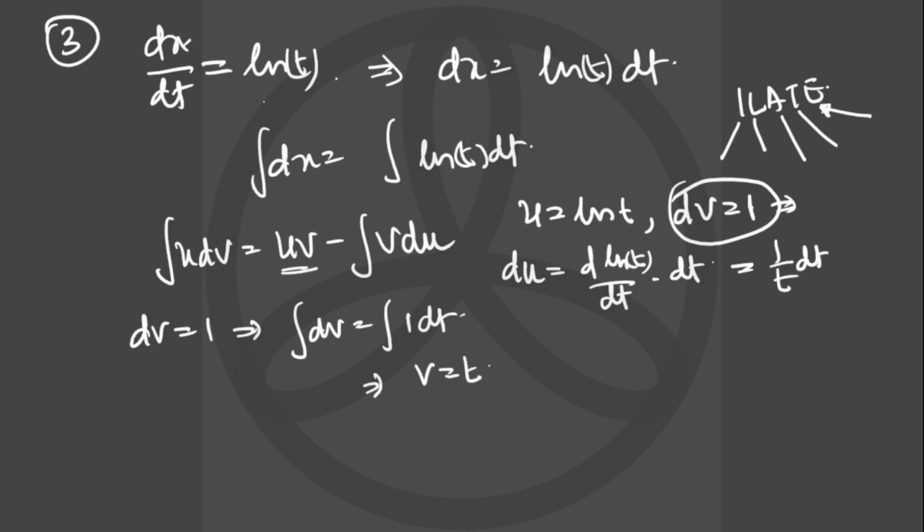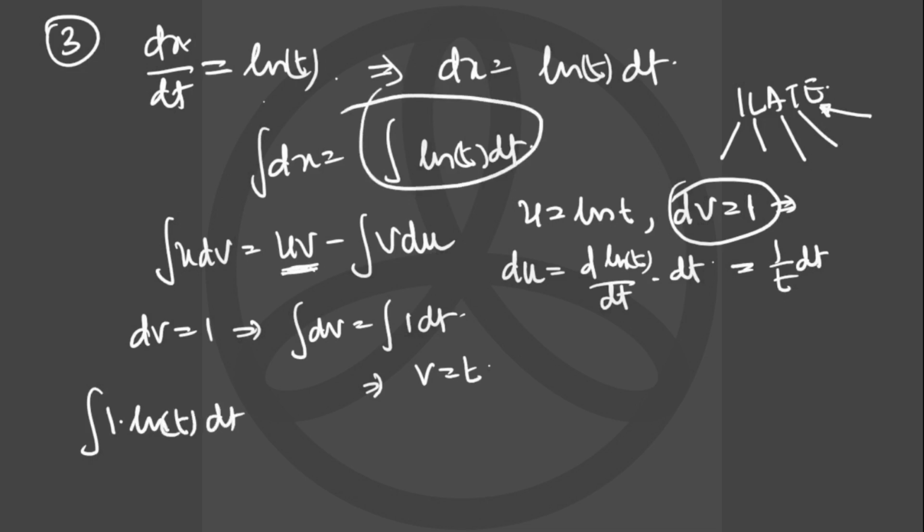So we got here u and v. So the integral of 1 times ln t dt is equal to uv, with no t here. U we take ln t and v is 1.